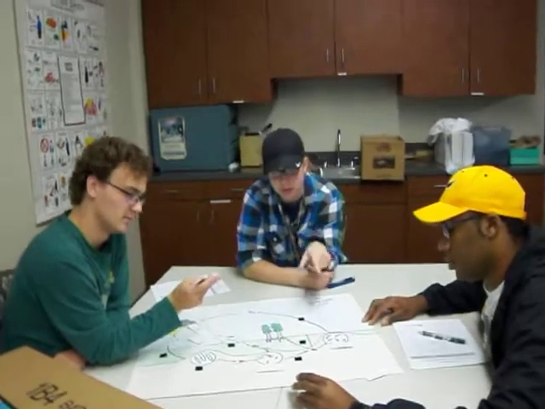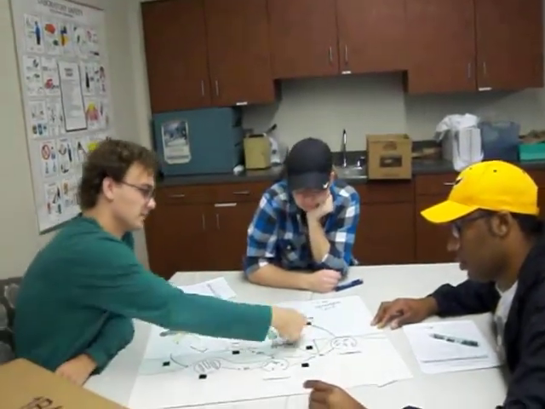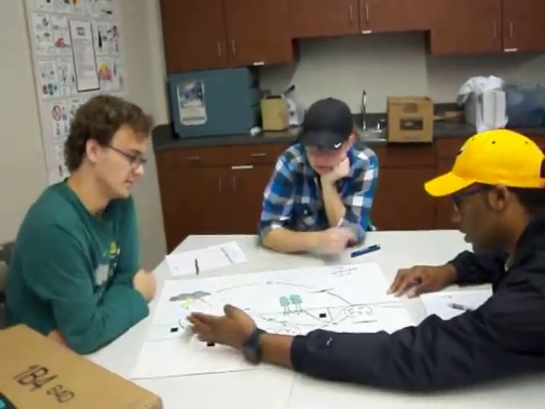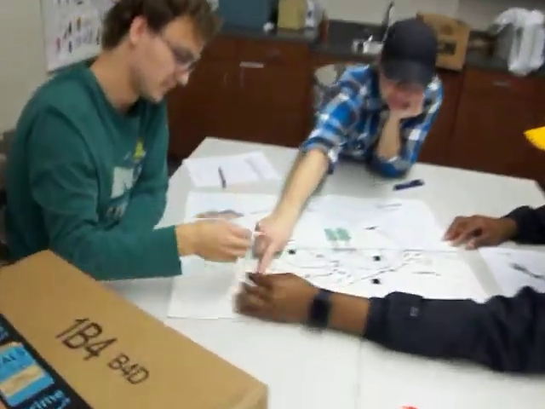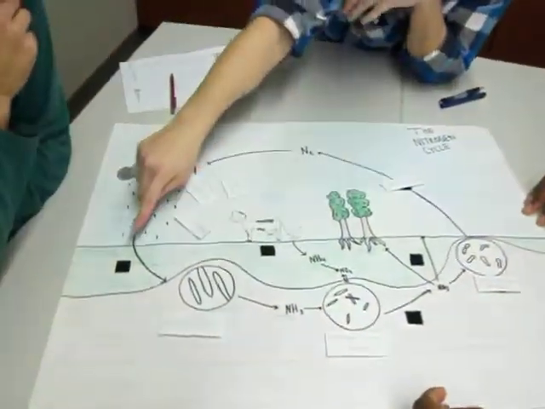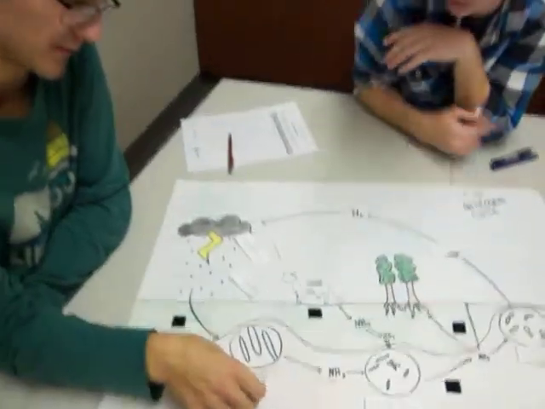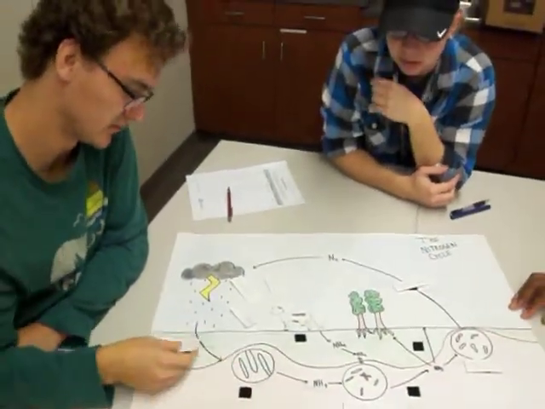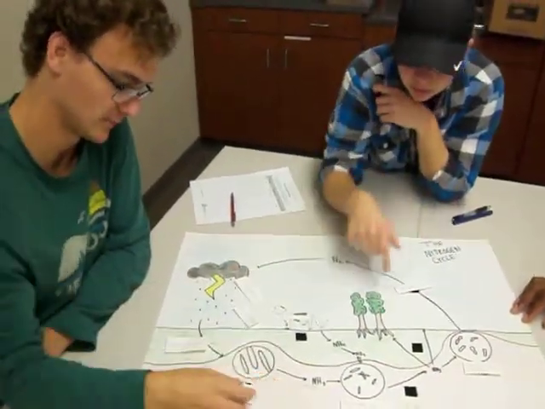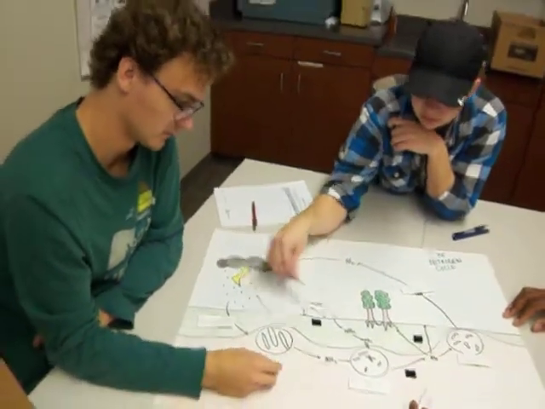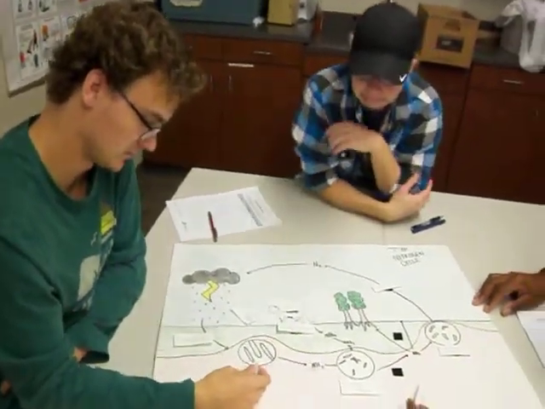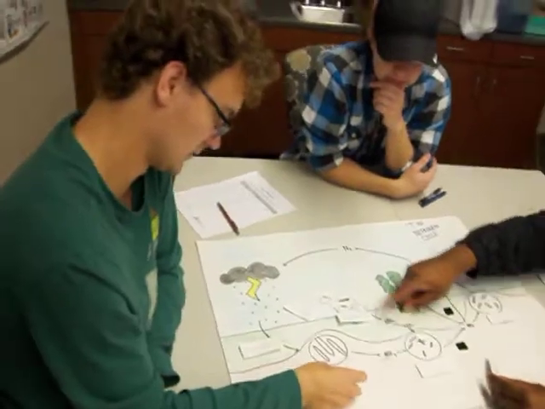Oh, that's bacteria. Oh, this is nitrogen fixation. Over here, that's an arrow. Unless it's that one. I'm confused. Yeah, that's gonna be the bacteria one. What is assimilation? Yeah, this is ammonia right here.